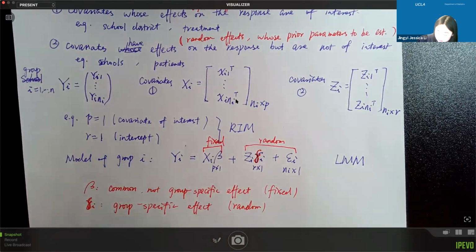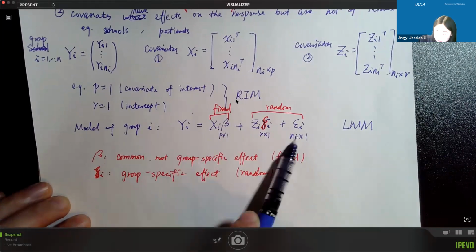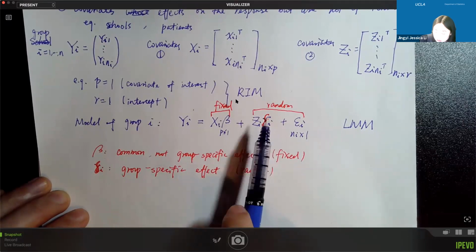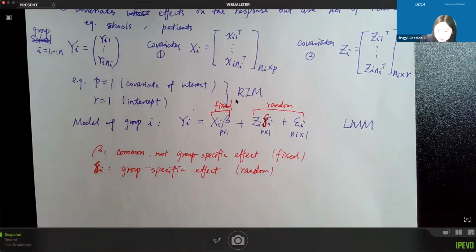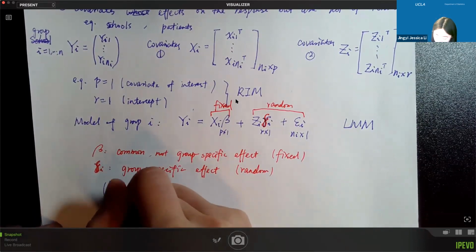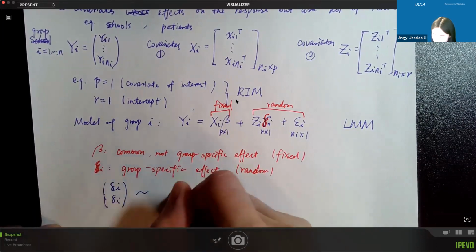So then what we need to assume is that this is just laying down the model, but how the randomness of delta i and epsilon i behaves hasn't been specified yet. So in the linear mixed effect model, what we assume is that this epsilon i and delta i are going to be jointly following a normal distribution.